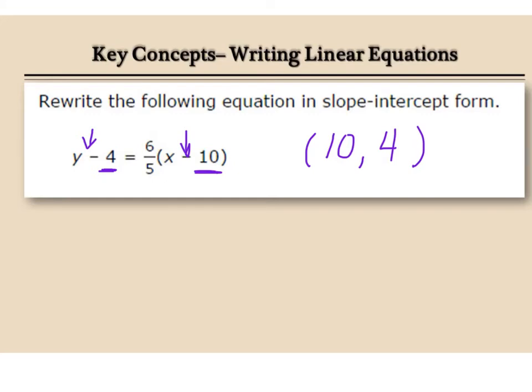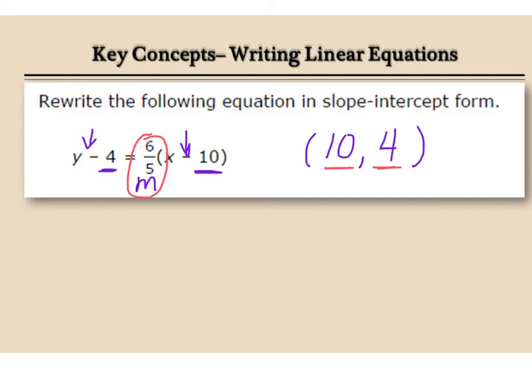I already know what the slope is. So I'm a big part of the way there. I'm going to replace my x and y with those numbers, put in the slope, and solve for b.